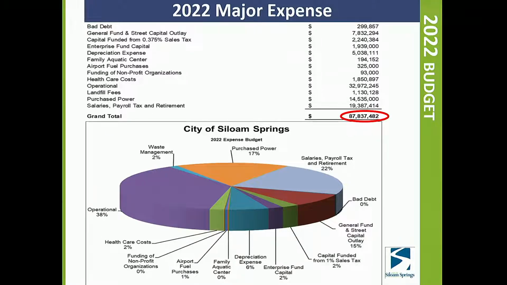City events increased 67% or $22,500 to accommodate more cultural events and improvements to lighting and sound at the amphitheater.